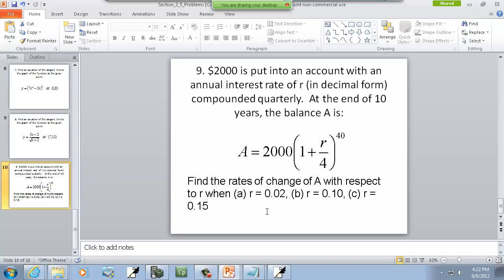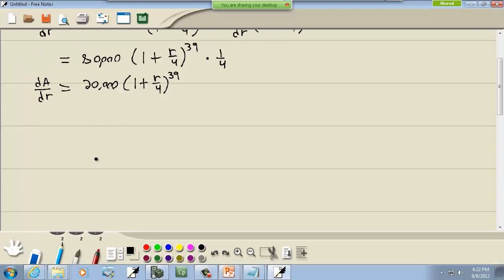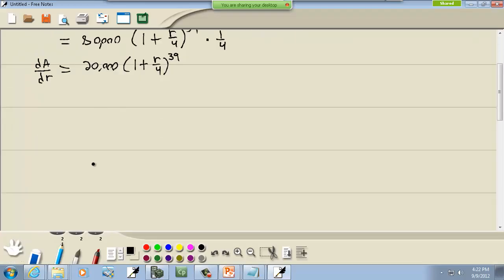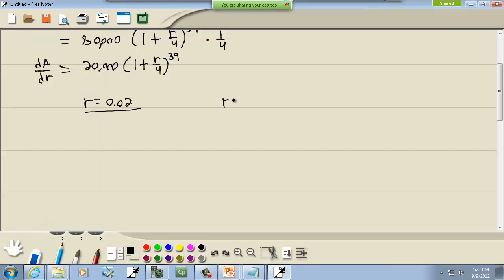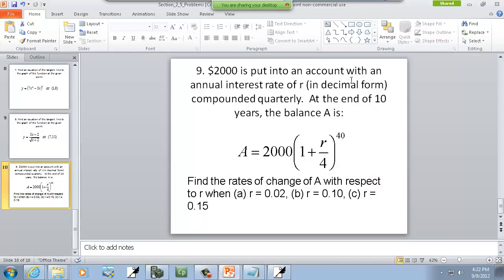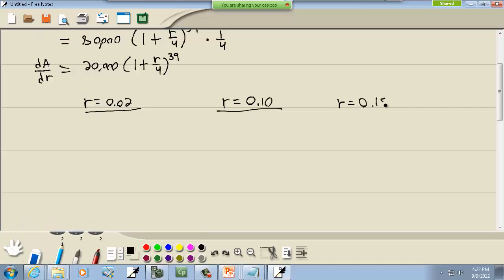Then it says find that when r is equal to 0.02. So they want us to take that formula and plug in 0.02. Now they also want us to plug in 0.10, and they also want us to plug in 0.15.